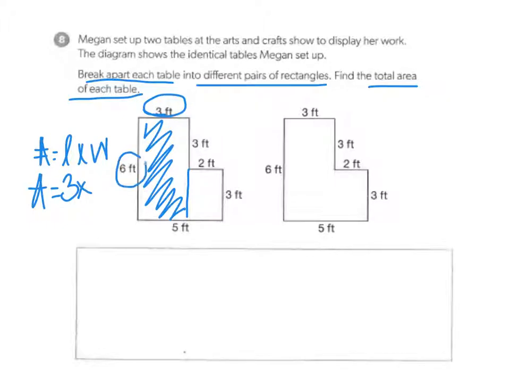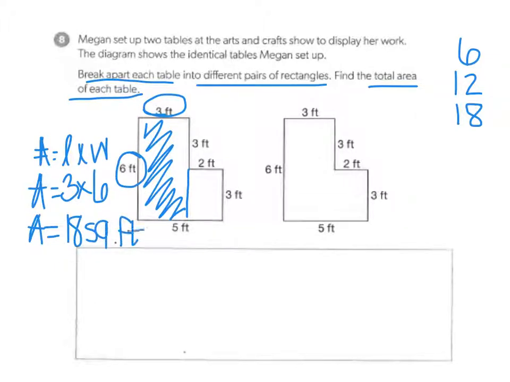And the width would be 6. So area is equal to 3 times 6. So what is 3 times 6? Write your 6's 3 times. You get a total of 18 square feet for that one rectangle.